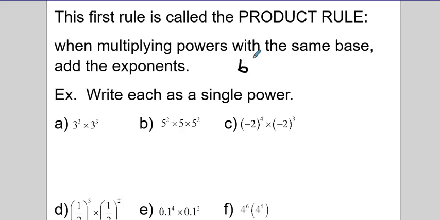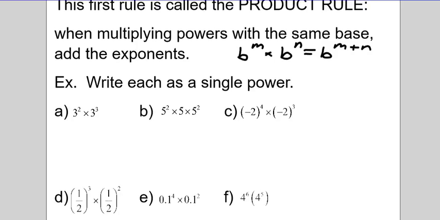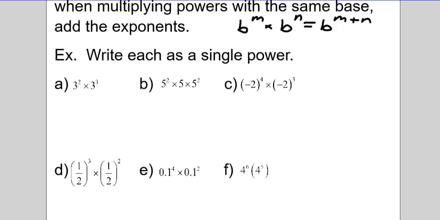If we have the same base to some exponent times the base to another exponent, all we have to do is add up the exponents. Don't add up the bases. That's one of the more common mistakes. So that's the first rule.